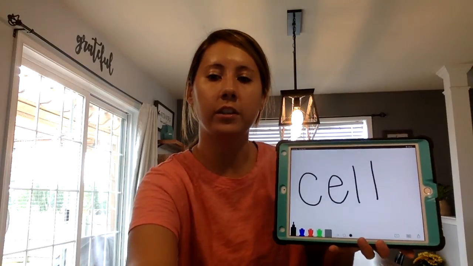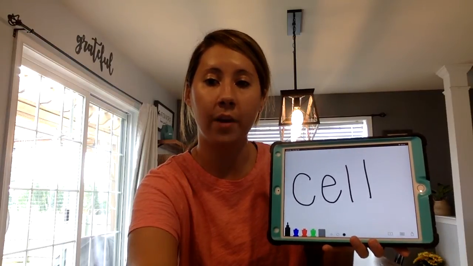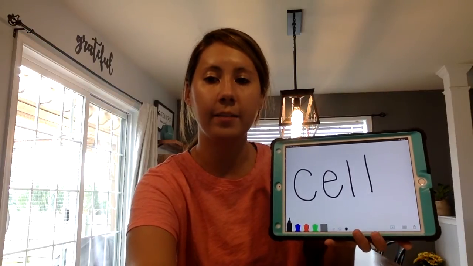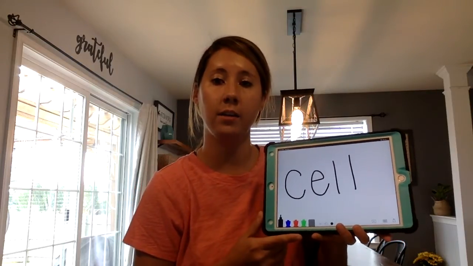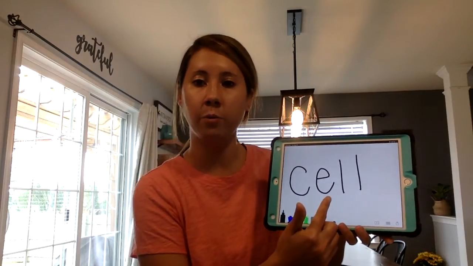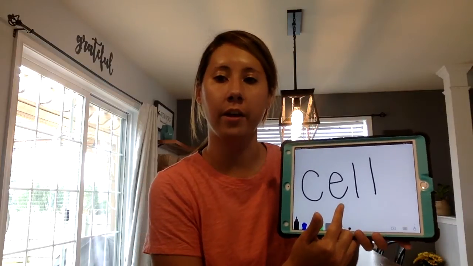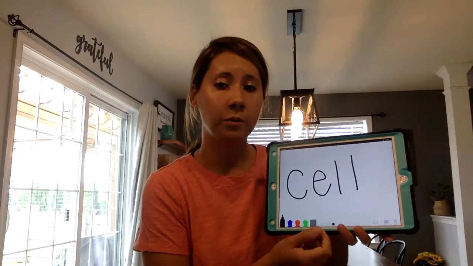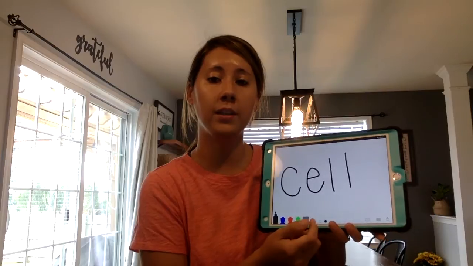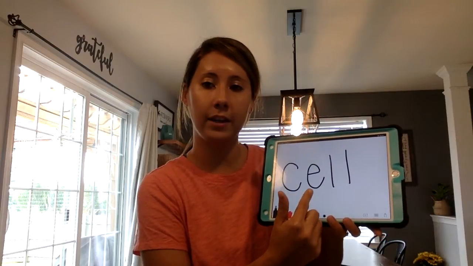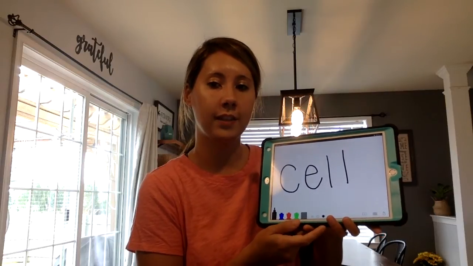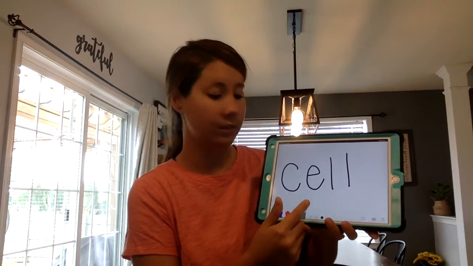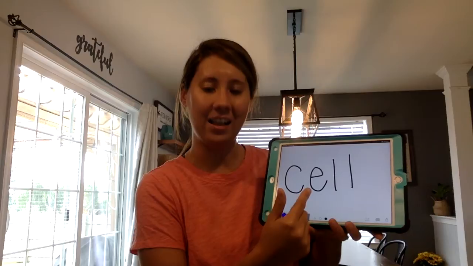So I first need to determine whether I have the one thing that I need. Is my word followed by E, I, or Y? Yes, my word is followed by the letter E. So my critical attribute is here. Because the letter C is followed by the letter E, I know that the C will make the S sound. So I can pronounce this word as sell.